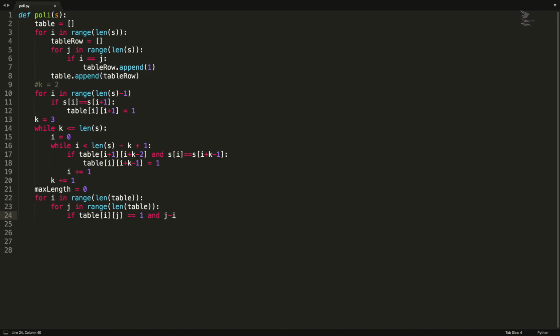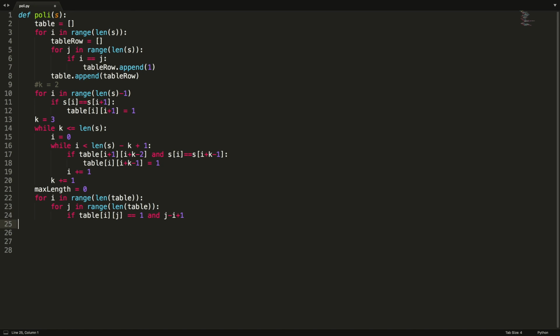Because if i equals 0, j equals 0, that length equals j minus i equals 0. So it needs to plus 1.